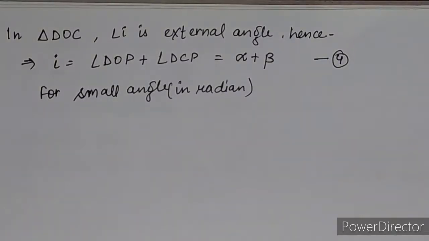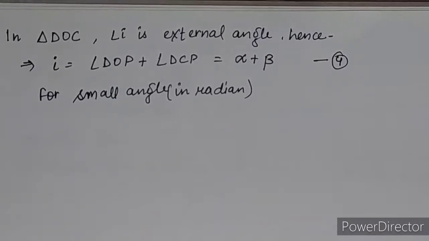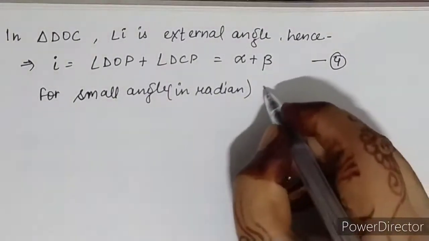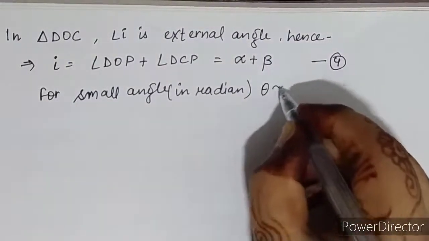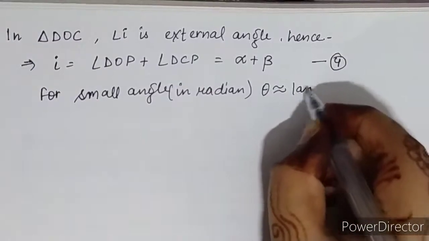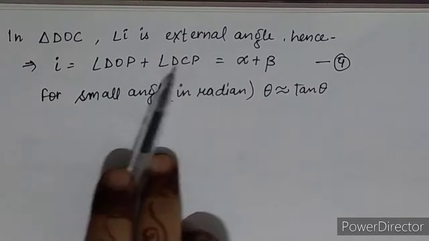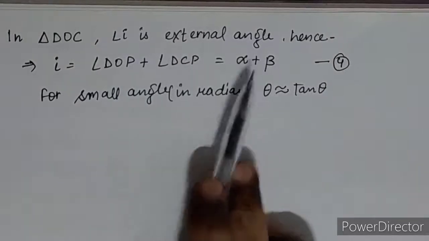Supplementary units are two: plane angle and solid angle. The plane angle has the unit radian and the solid angle has the unit steradian. Here we are taking a plane angle, so for a very small angle in radian, theta is approximately equal to tan theta. So if these angles are very small, these are also tan alpha and tan beta.